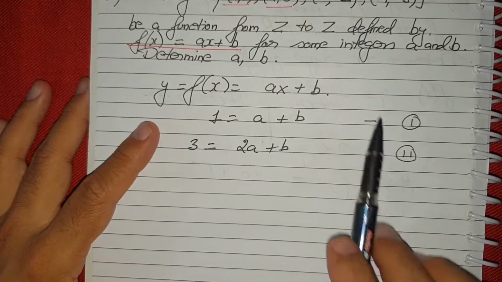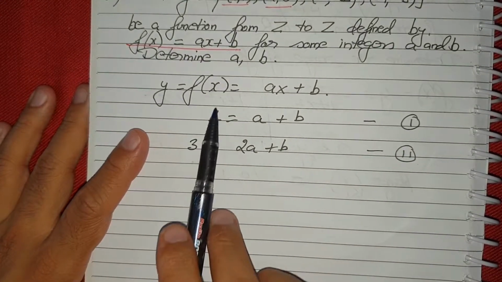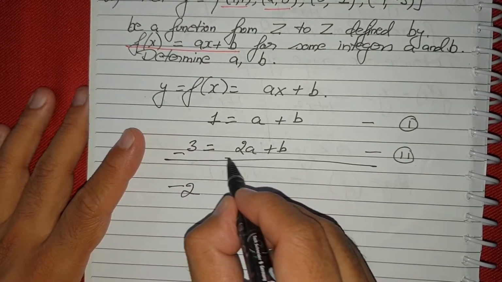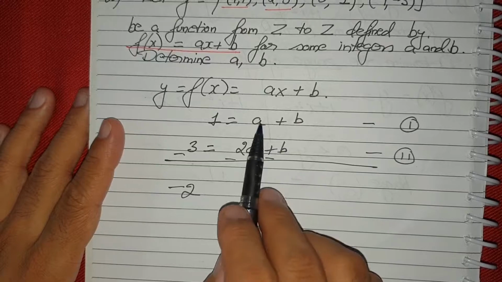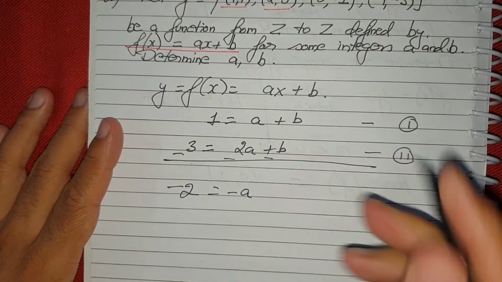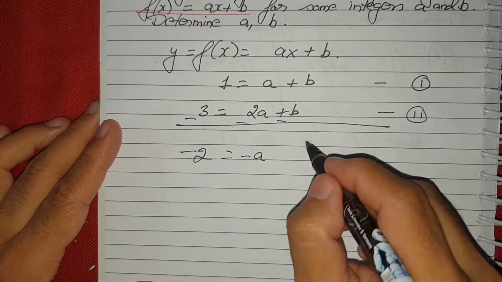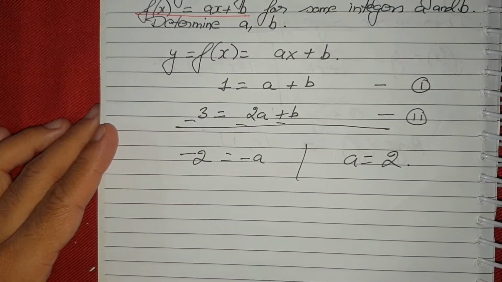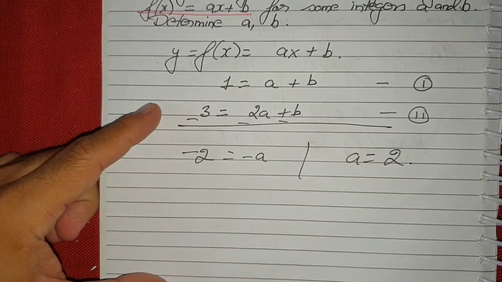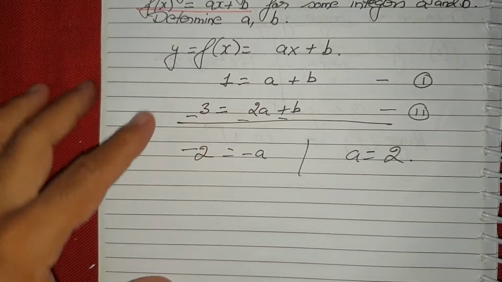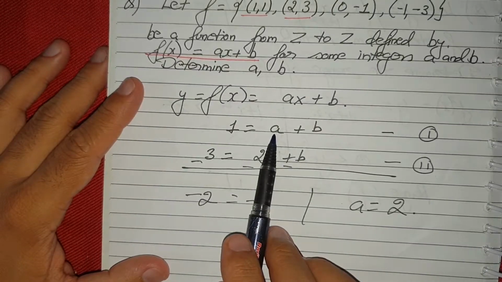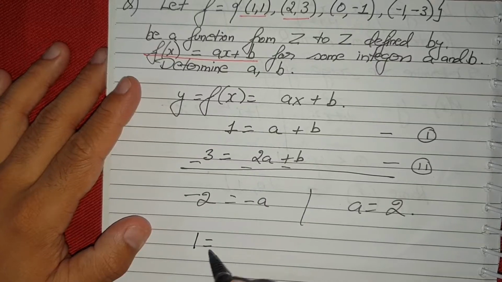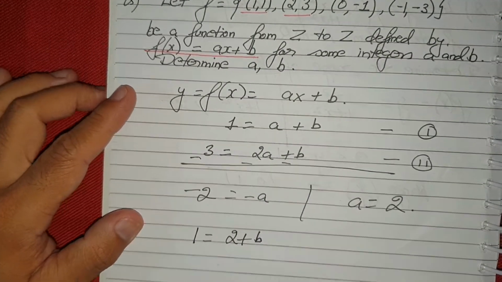Basically you take these two equations and subtract them, b will get cancelled. 1 minus 3 is minus 2, a minus 2a is minus a, b cancels. So minus 2 equals minus a, so a equals 2. Now substituting a equals 2 in this, 1 equals 2 plus b.